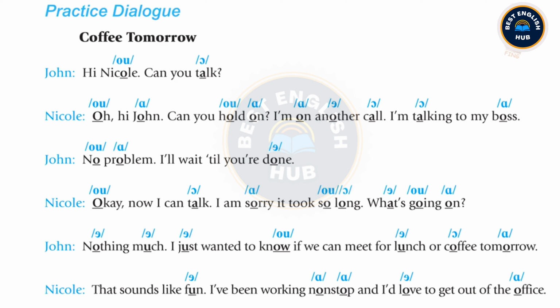Vowel contrasts dialogue for ah, aw, and o. Coffee tomorrow. Hi, Nicole. Can you talk? Oh, hi, John. Can you hold on? I'm on another call. I'm talking to my boss. No problem. I'll wait till you're done.